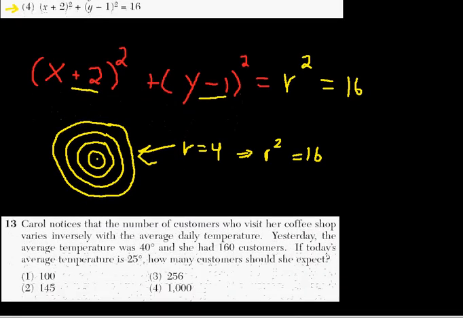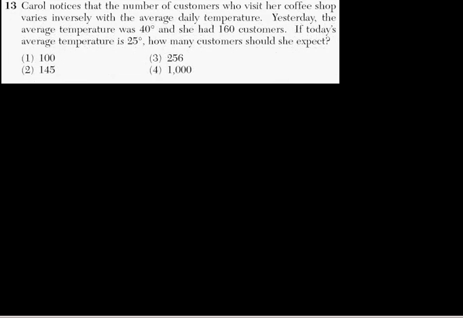All right, let's go to the next one. Number 13. Carol notices that the number of customers who visit her coffee shop varies inversely with the average daily temperature. Yesterday, the average temperature was 40 degrees and she had 160 customers. If today's average temperature is 25 degrees, how many customers should she expect? The key word here is varies inversely.